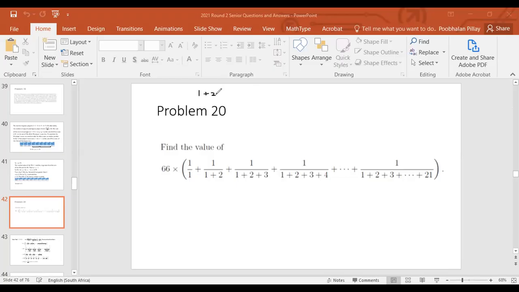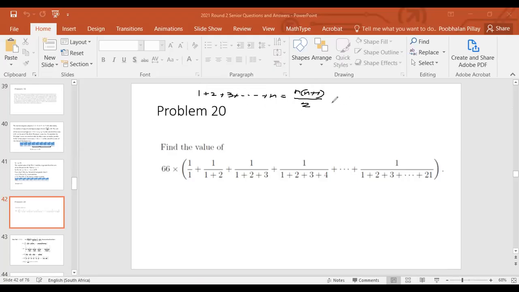1 plus 2 plus 3 all the way up to n, right? You all know what that is. If you don't, then you have not learned something very important in this training program.